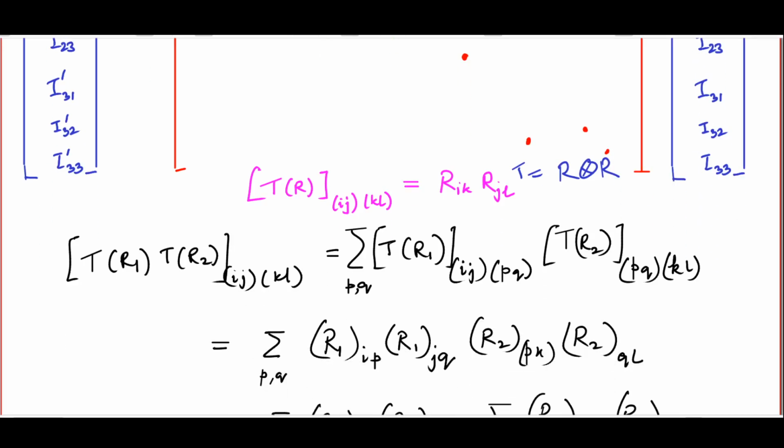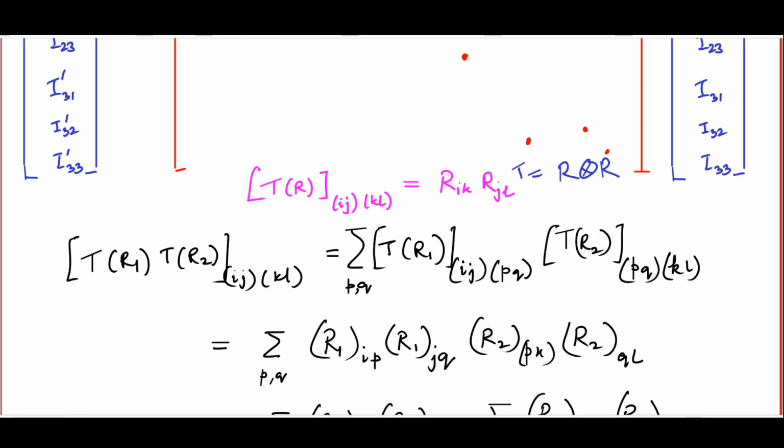And we can simply directly write down T(R1) and T(R2) in the basic form starting from T(R) ij,kl is Rik Rjl. T(R1) ij,pq becomes R1 ip R1 jq. T(R2) pq,kl becomes R2 pk R2 ql.